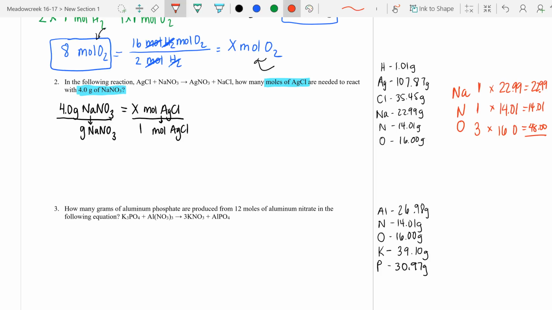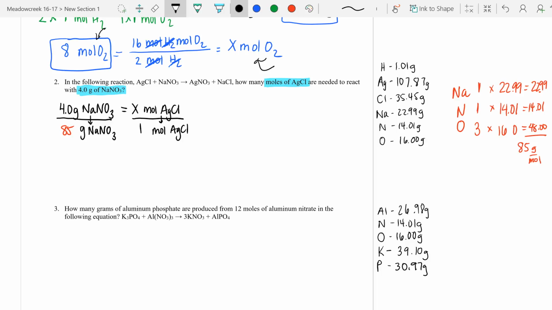So 22.99 plus 14.01 plus 48 is equal to 85 grams per mole. So I can plug that number in right here on the left side of my equation, and I have completed step number 4.